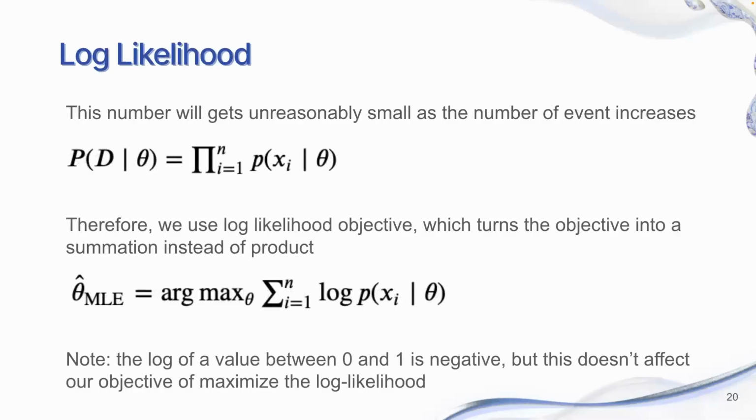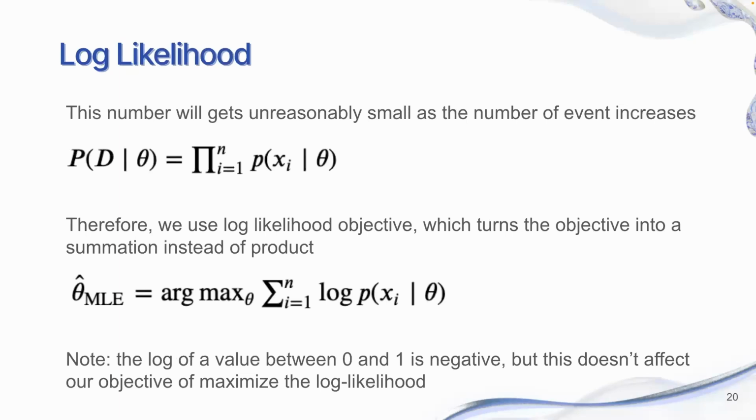And of course, if you multiply a bunch of probabilities, which are between 0 and 1, you will get extremely small numbers if you have too many, right? Let's say you have n data points, then you get an extremely small number as n becomes large.